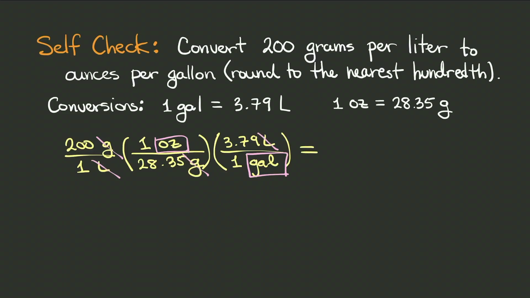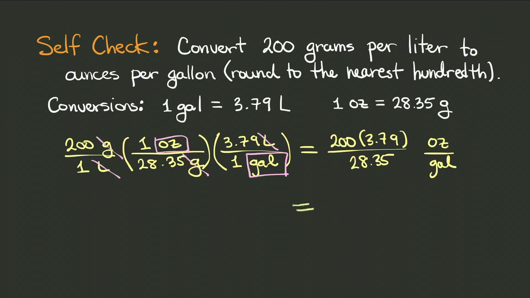So now what we can do is just clean it up. On the top we have 200 multiplied by 1 and then multiplied by 3.79. In the denominator we have 1 multiplied by 28.35 multiplied by 1 again, and then our units now are ounces per gallon. And now we can multiply this out.